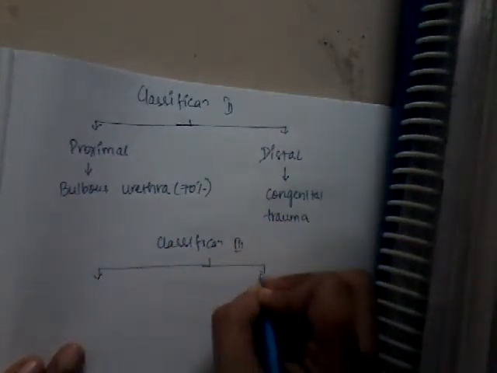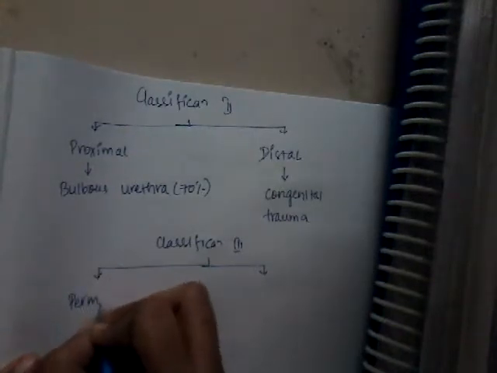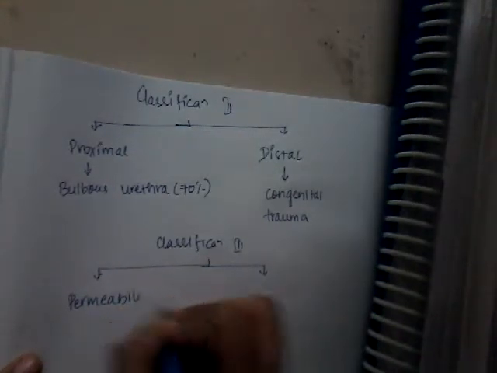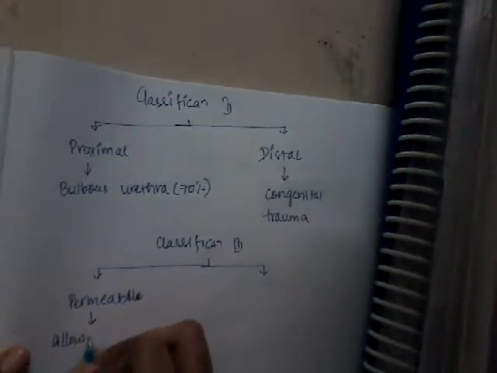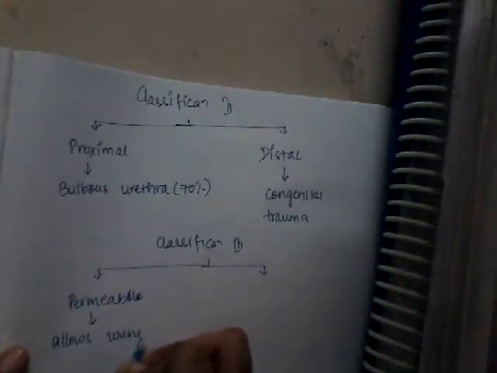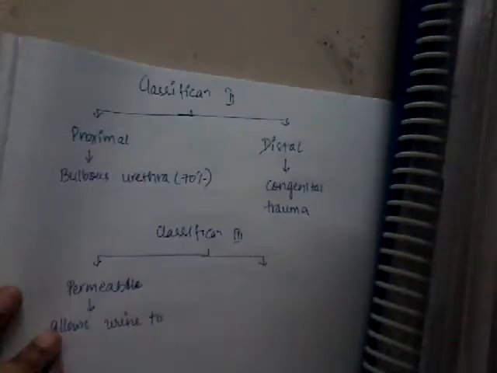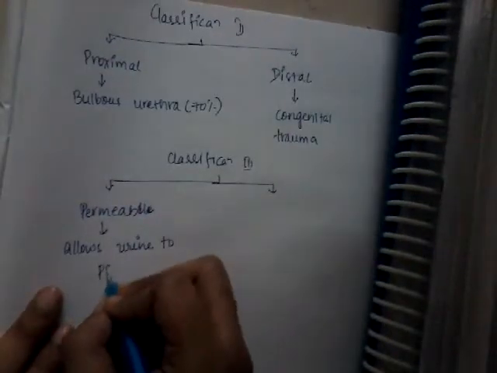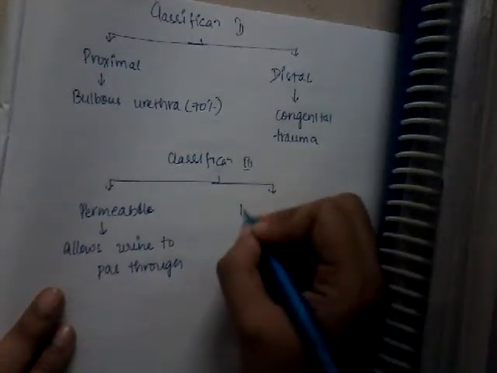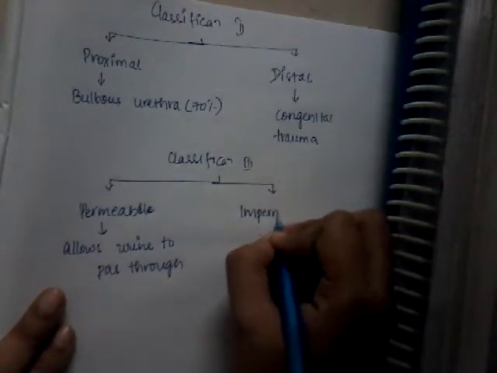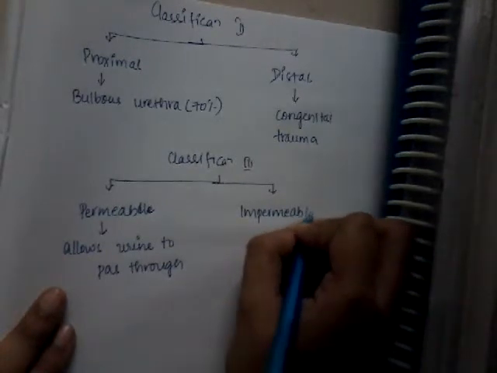Now coming to the third classification. It can be two types. One is permeable stricture, that allows urine to pass through, and then impermeable stricture.